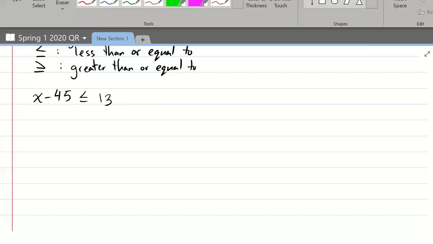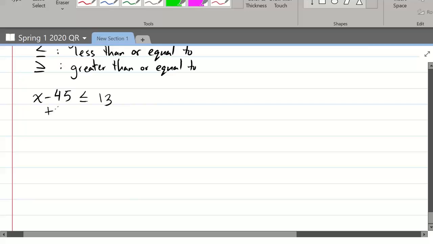So here, x is not being multiplied by anything, so we want to just get rid of this 45. Since this is minus 45, we want to do the opposite, plus 45 on both sides. We get x is less than or equal to 13 plus 45, which is 58.